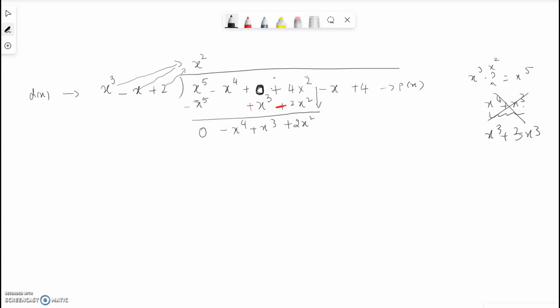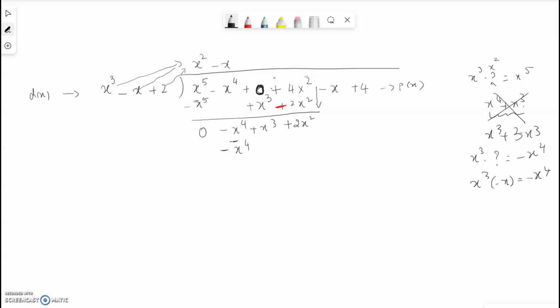Next, we need to get rid of the term negative x to the fourth. So x cubed times what is negative x to the fourth power? x cubed times negative x is negative x to the fourth, and then we do the same thing.